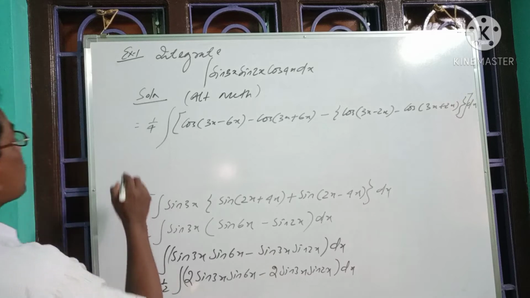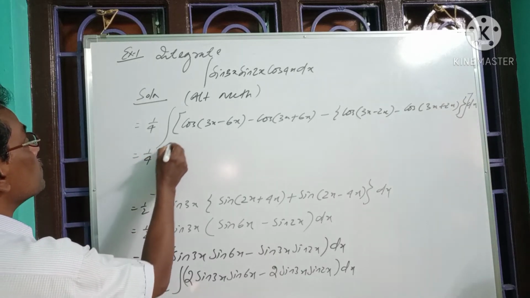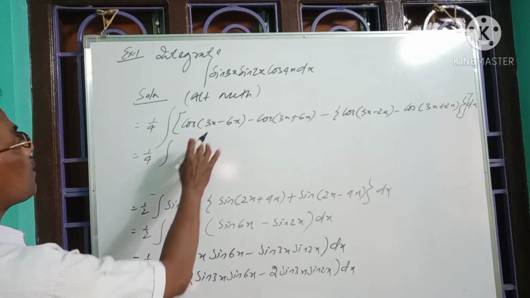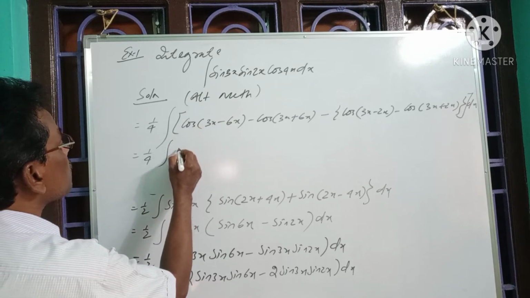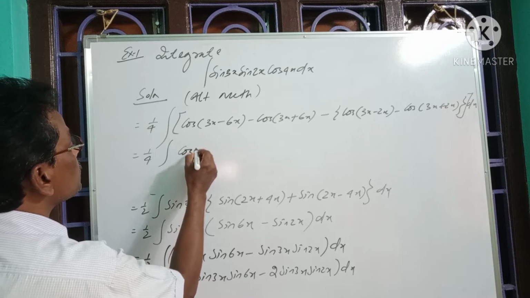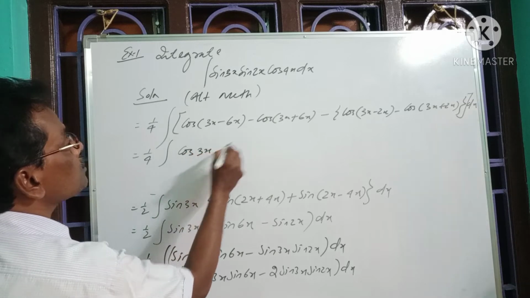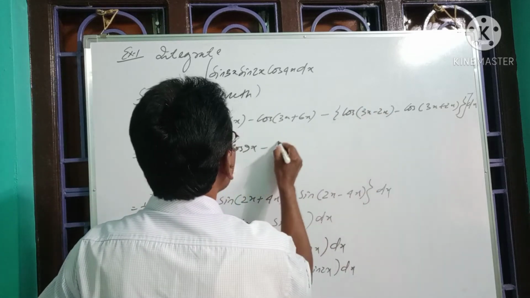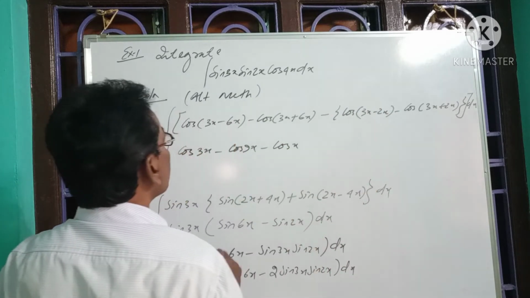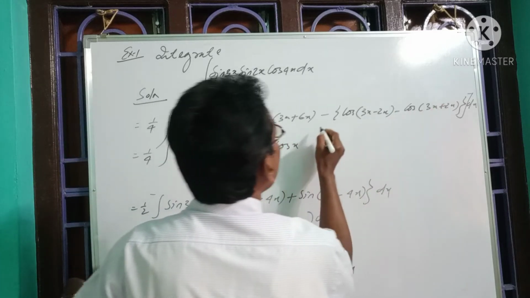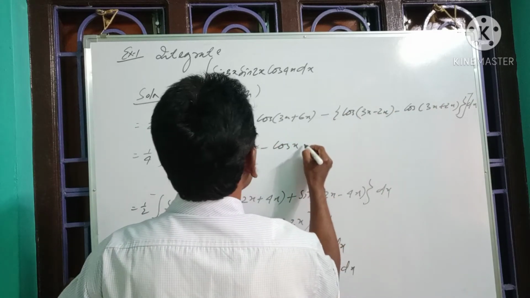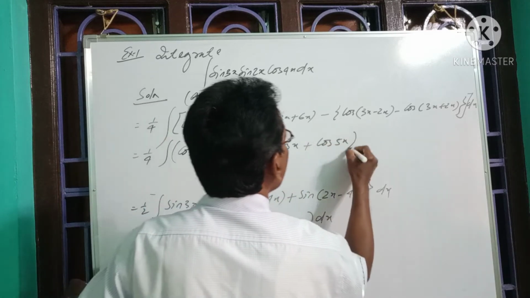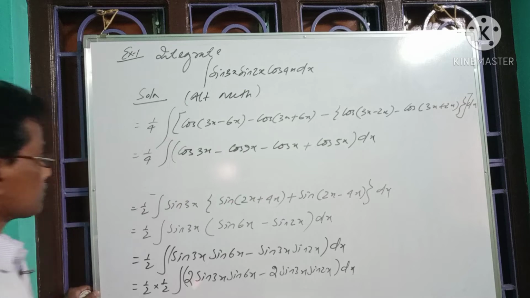So again simplifying, we have 1 by 4 into integration of, this will be cos of minus 3x, which is cos 3x, minus cos of 9x, and it will give us minus cos x, and lastly plus cos of 5x, whole integration with respect to x.